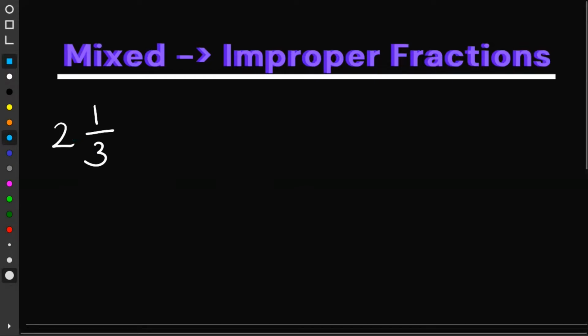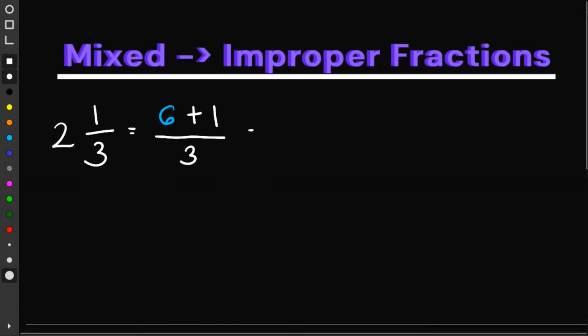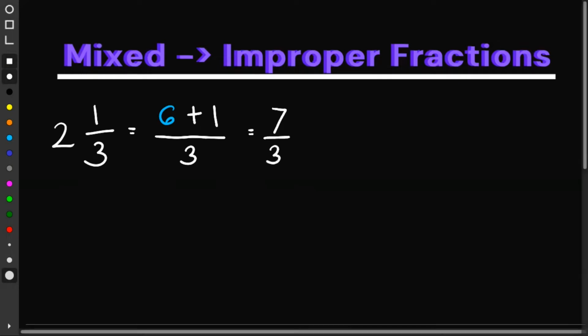So if we multiply 2 and 3, we will have 2 times 3, which is simply 6. Then the next step is to add the other number in the numerator, in this case 1, and the denominator remains the same. So we have the improper fraction is written as 7/3.